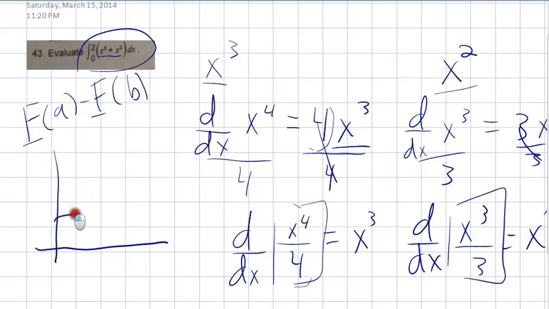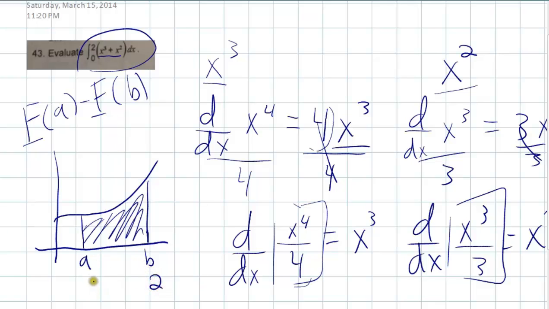So the original equation could have looked something like this, let's just say. And there was a point A on the x-axis and a point B again on the x-axis. And there's all this area in between them, and that's the whole point of taking the integral, so we can find this. And so our a and b, this is our starting point. This is going to be 2 and this is going to be 0.